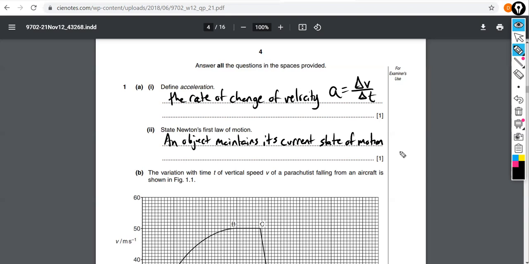That captures the idea that if you change direction, velocity being a vector where direction matters, then you are changing your velocity. And what do we know about a change in velocity? That's acceleration. So even changing your direction is an acceleration. An object maintains its current state of motion until or unless a resultant force acts upon it. All right, and that would get you the mark there.